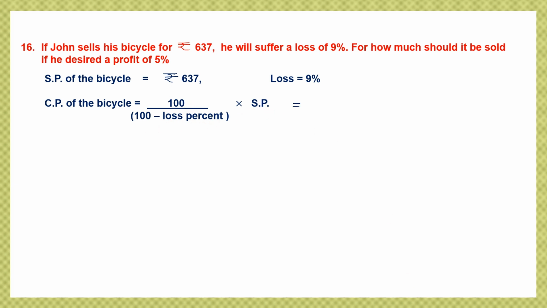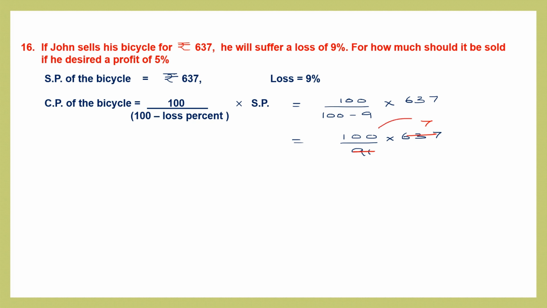So that is equal to 100 divided by 100 minus loss percent, which is 9%, into selling price, which is 637. So this is 100 divided by 91 into 637. Now we can cancel 91 and 637. 91 into 7 gives us 637.